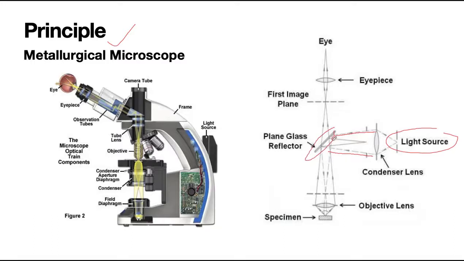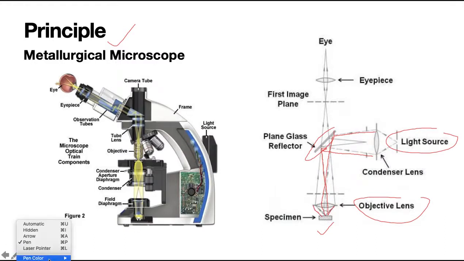As you can see, these lights will be reflected like this through the plain glass reflector downwards through the microscope objective on the surface of the specimen. Then some of this incident light gets reflected in this direction.